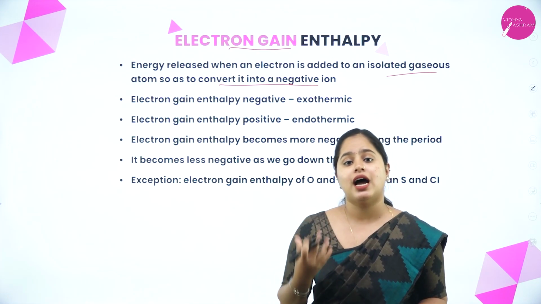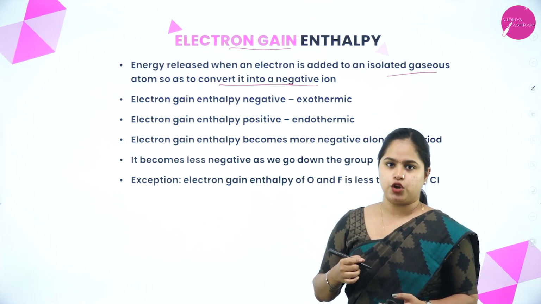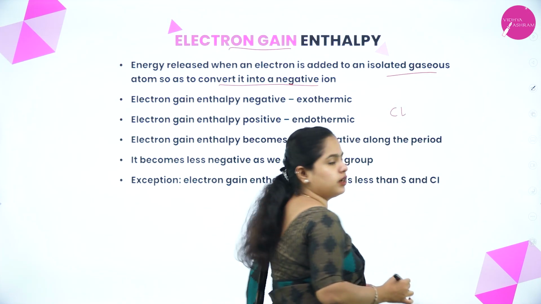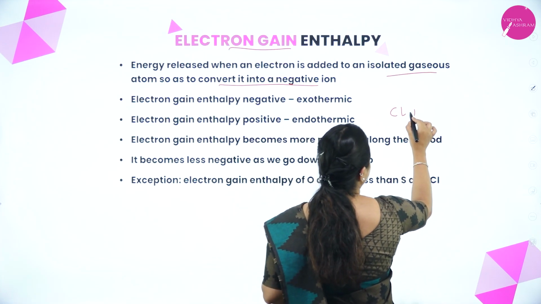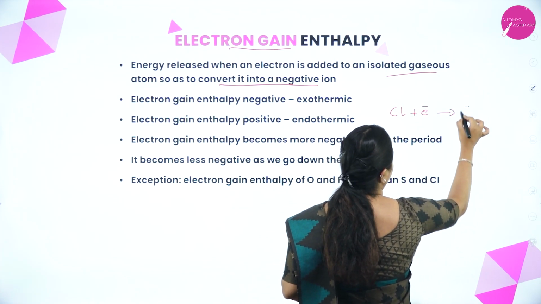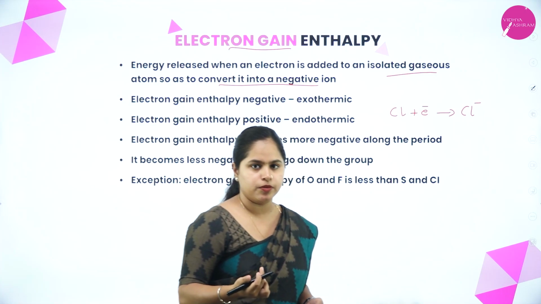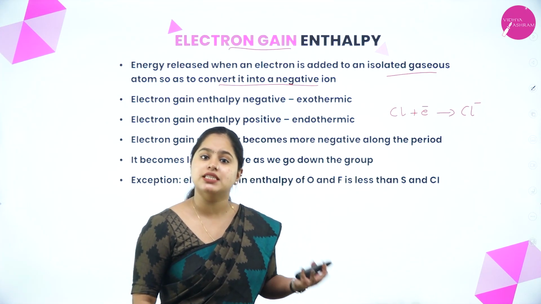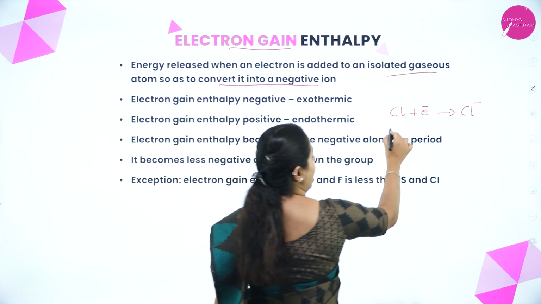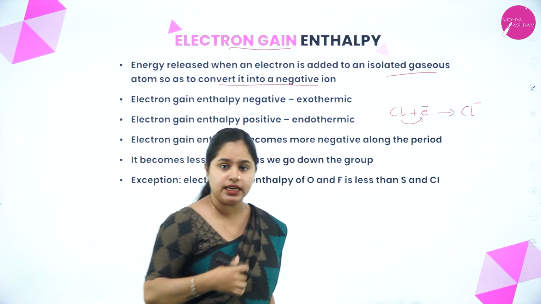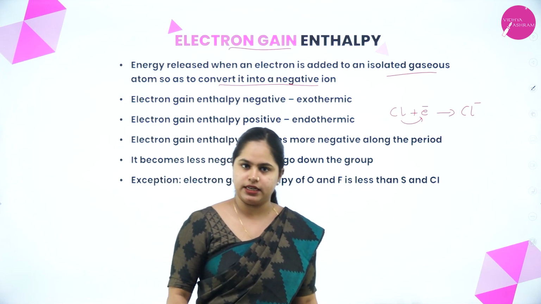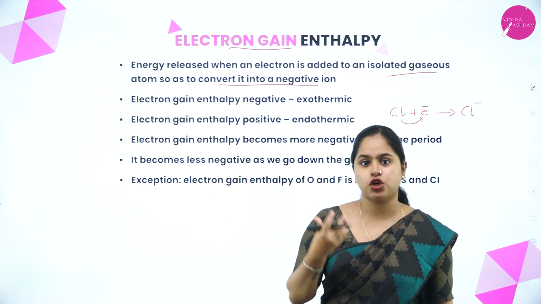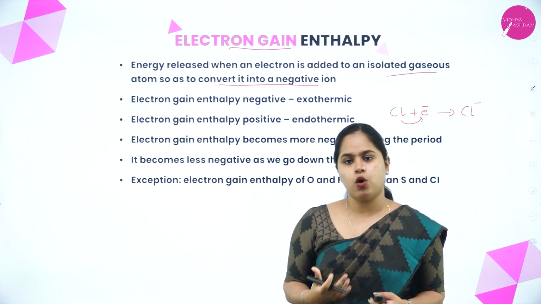That energy or that enthalpy is called electron gain enthalpy. Right. So let's take the example of a chlorine atom. An electron is accepted by it and it forms a Cl- ion. When this process happens, an amount of energy or enthalpy is released. Yes, chlorine is accepting an electron, or gaining an electron, and forming a Cl- ion. So the energy released in this process is called electron gain enthalpy. I hope it is clear.